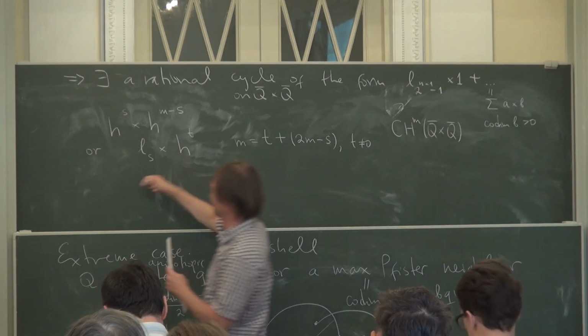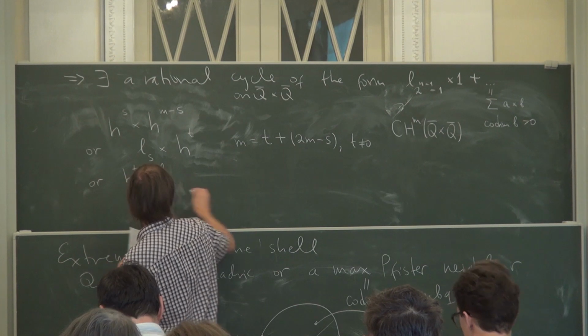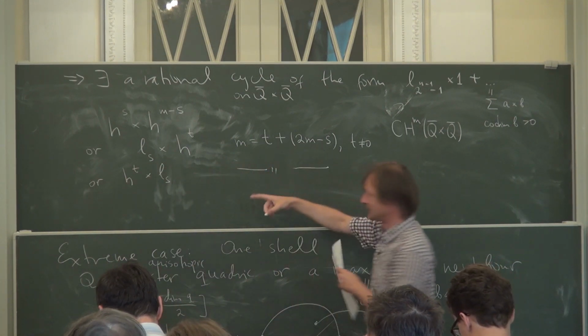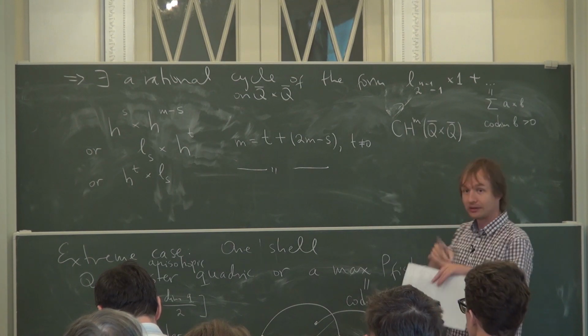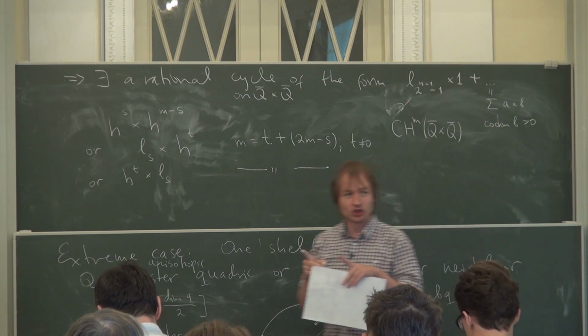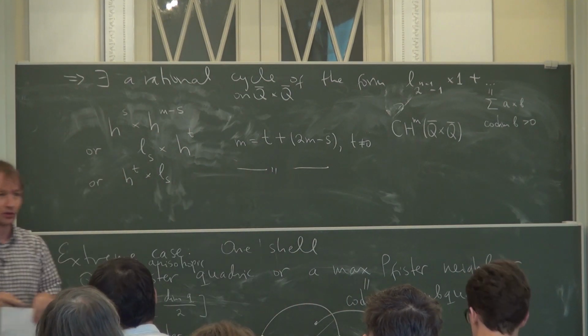Or symmetrically, it can be H^T times L^S, with the same equation, but T can be 0 here, maybe. L times L is impossible for dimensional reasons. It has too big codimension, so that's not possible.